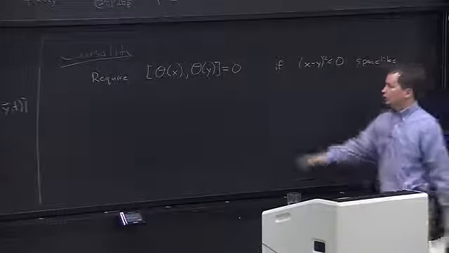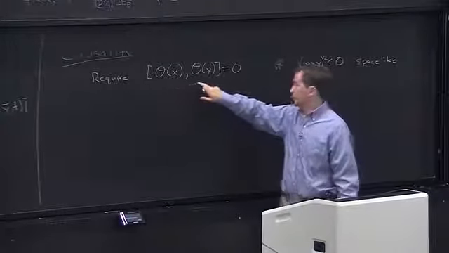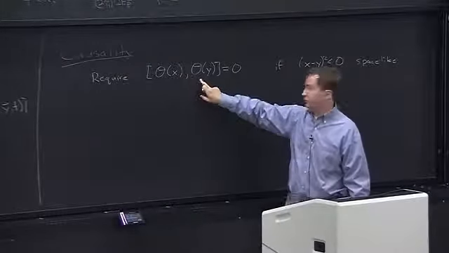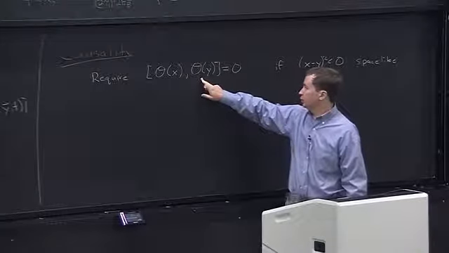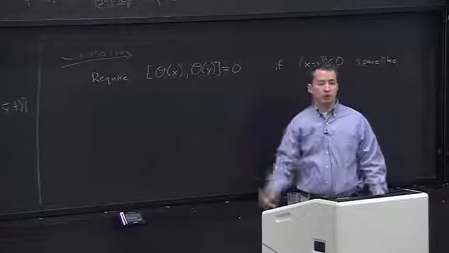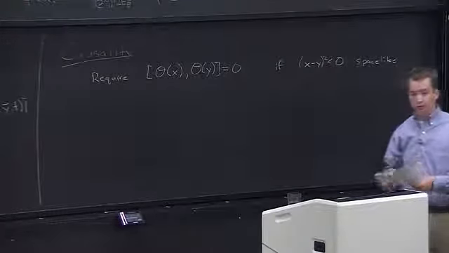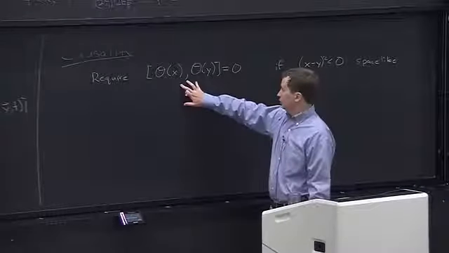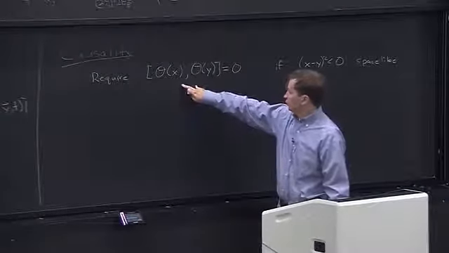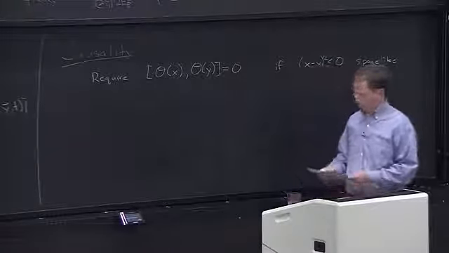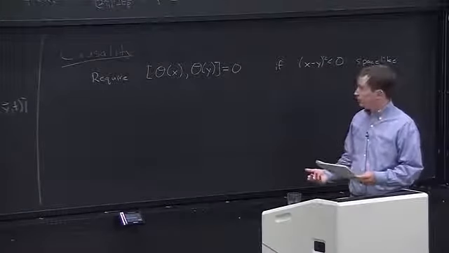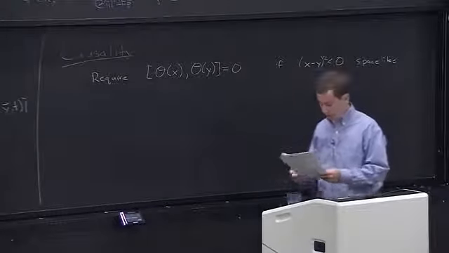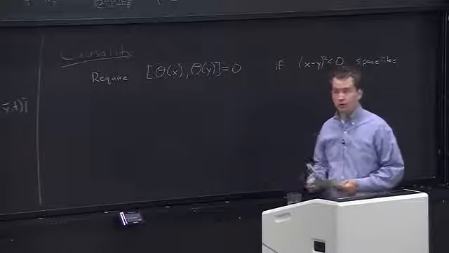So the reason we want to impose this is to ensure that a measurement of an operator at x cannot influence the result of a measurement of an operator at y if x and y are space-like separated, and therefore not causally connected. So we won't show this for all operators, but one of the simplest and most important operators in our theory are the field operators, phi.